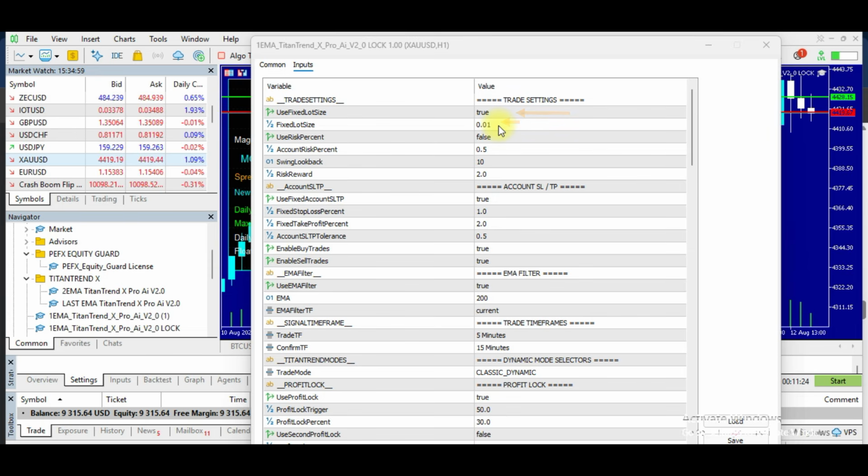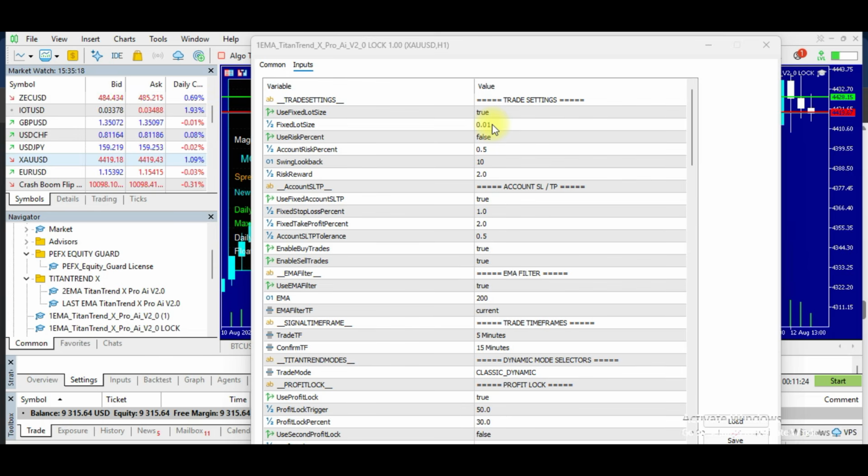But if you don't want that, for example if you want to trade Boom and Crash, Boom and Crash have a lot of different lot sizes. For example, Boom 1000, the lowest lot size is 0.20.